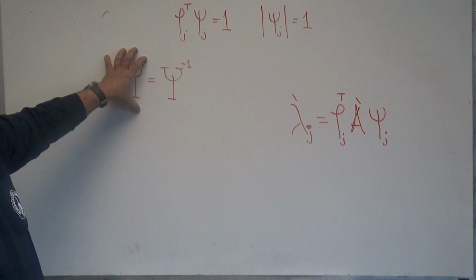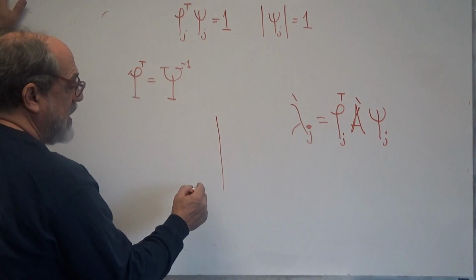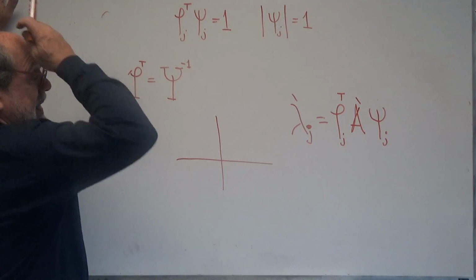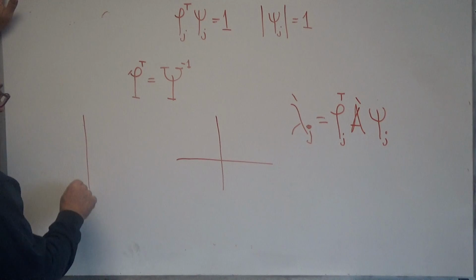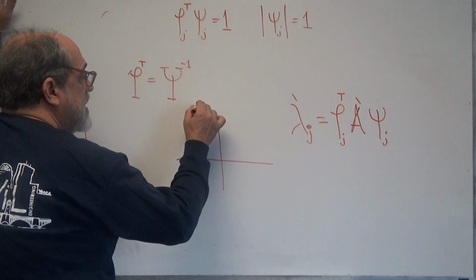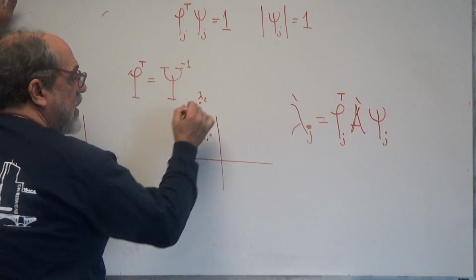Okay? Now, notice that the following happens. Let's consider two situations. Let's say that this is one eigenvalue and this is another. Let's say this is lambda 1 and this is lambda 2.